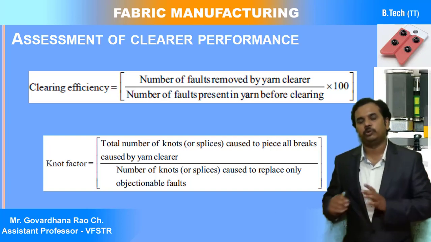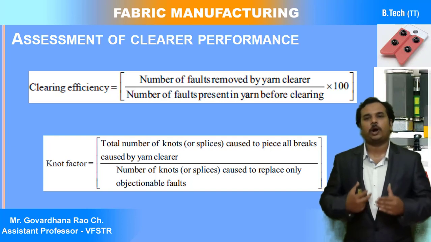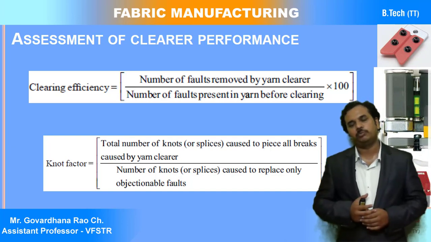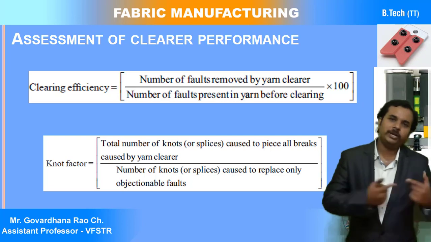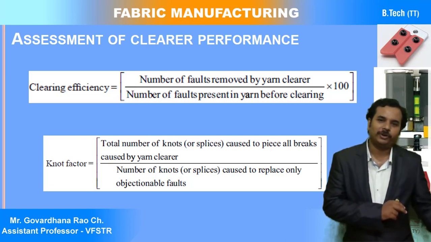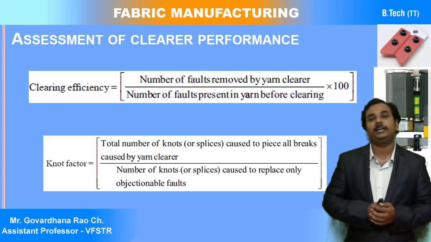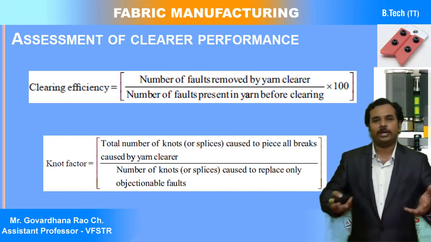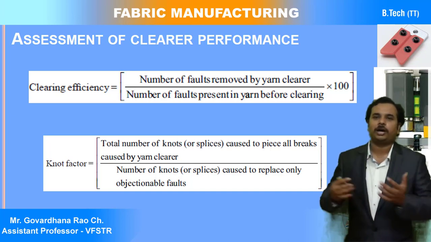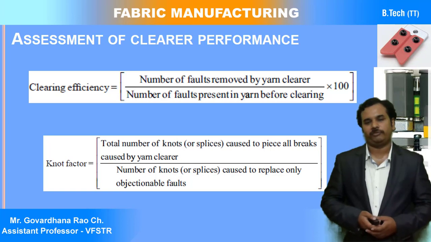After that they check how many faults were removed by the clearer and how many faults were present before clearing, so that you get the clearing efficiency. Nothing but how many are present and how many are removed, that is the clearing efficiency.